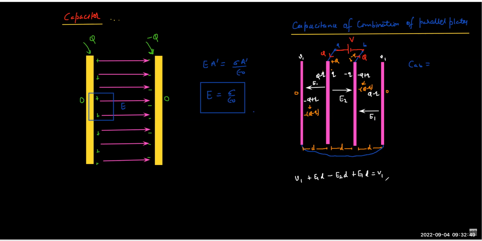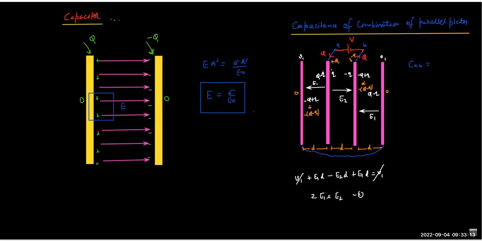And then we are back to V1, right? So the rise and fall cancel out, and what we get is 2E1 equals E2. Yes or no?